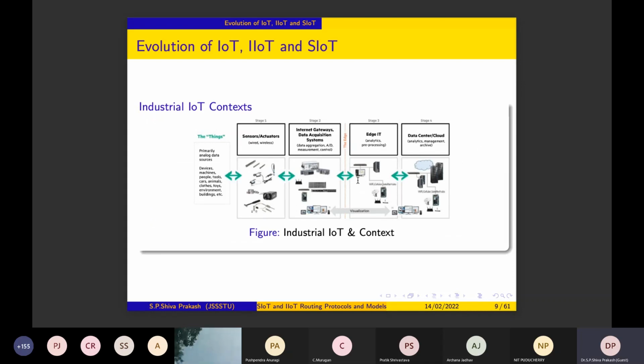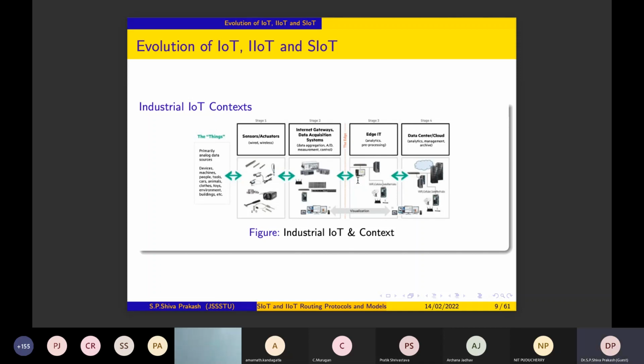Now, with respect to this context, a different set of contexts will be used, like sensors and actuators. So these are the stages that are involved in industrial IoT.